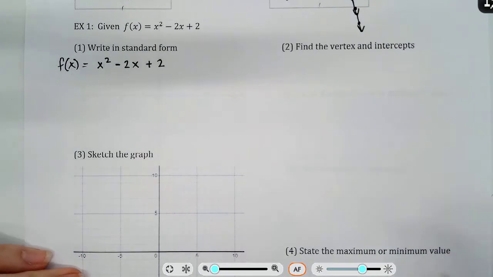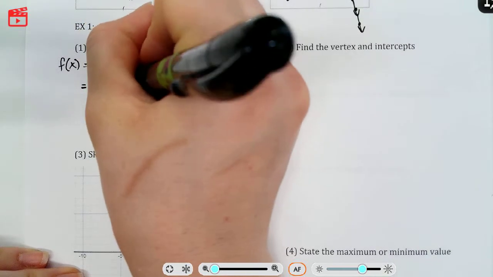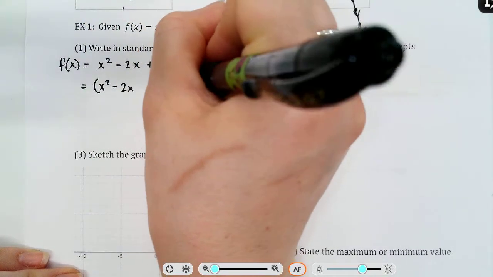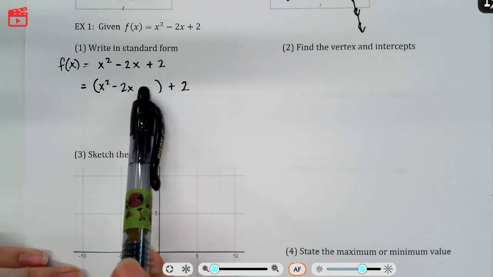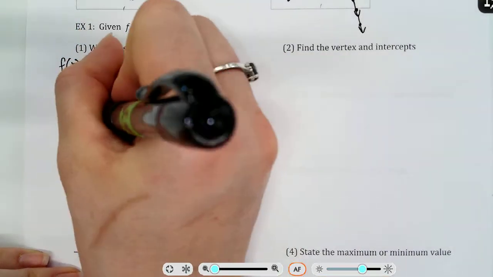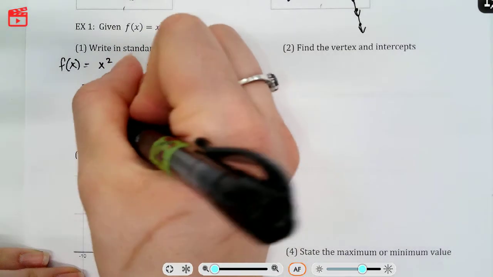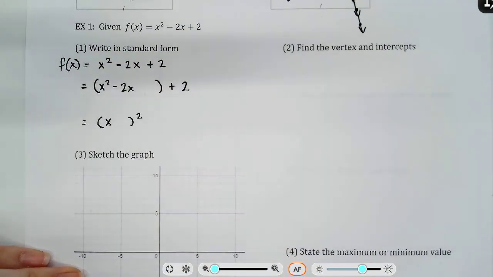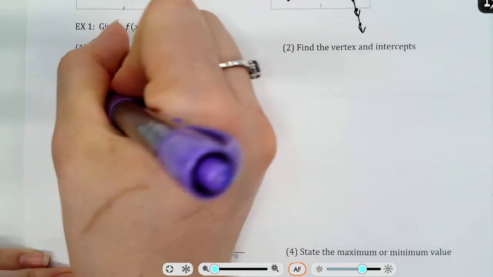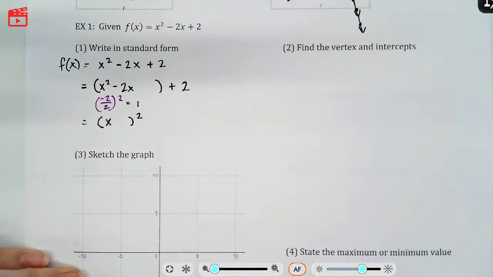All right, so I want to complete the square. Same idea: I'm going to group my x values together and leave the number that doesn't have x out on the side. My goal is to find the perfect number that would make this into a perfect square, some binomial squared. To find that number, remember we take the b value, divide it by 2, and square it, which is going to end up being 1.